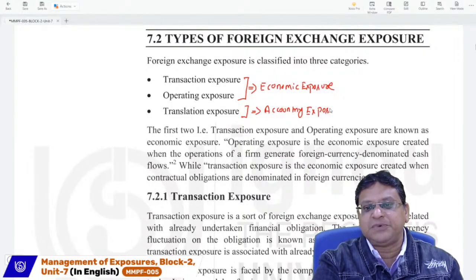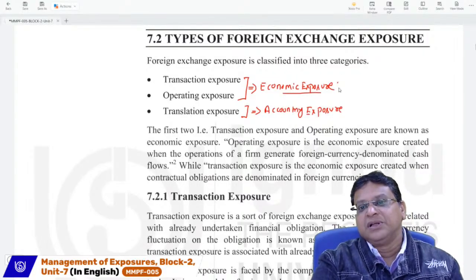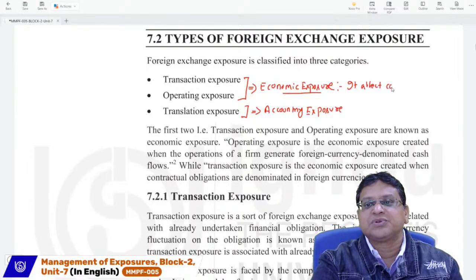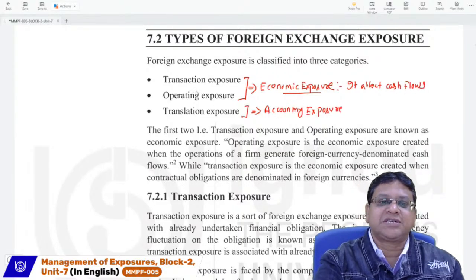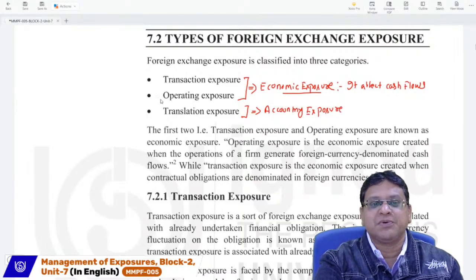What is the main point of difference between these? Economic exposure involves cash flows. It affects cash flows. Whether it's transaction exposure or operating exposure, it affects cash flow.